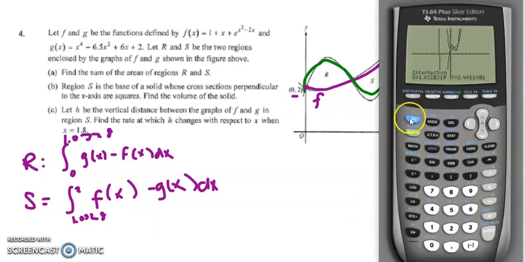Then I need to go back to the home screen of my calculator. I'm going to do alpha F2, choice 4, do R first, integrating from 0 to 1.0328, and then I need g minus f. Now, g is the quartic.